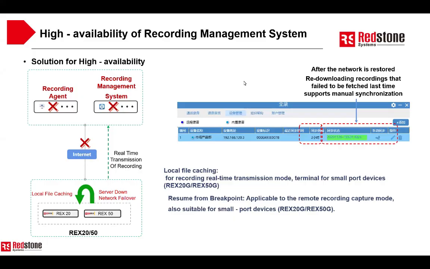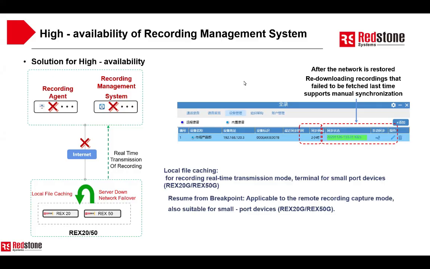In smaller-scale deployments, we often use the REX 20 and REX 50, which have two built-in capabilities: one is support for channel recording, and two is the ability of local cache.